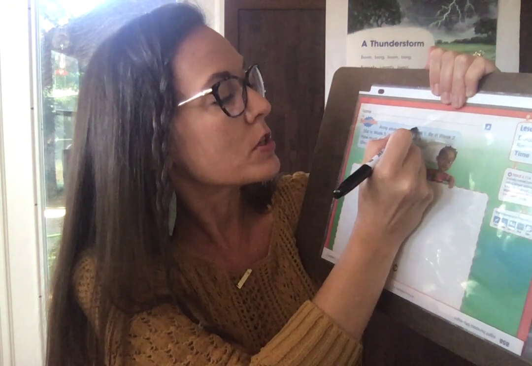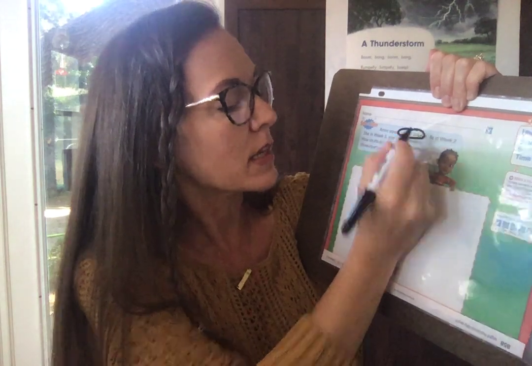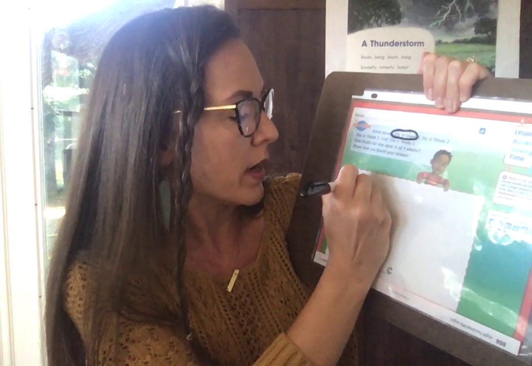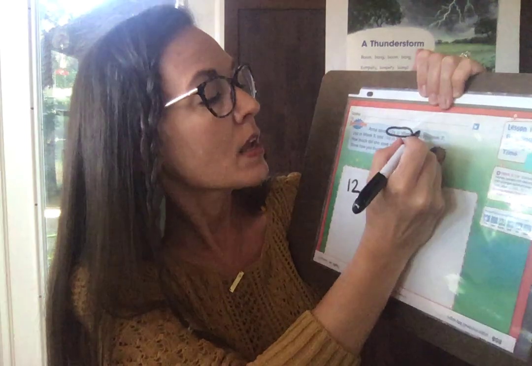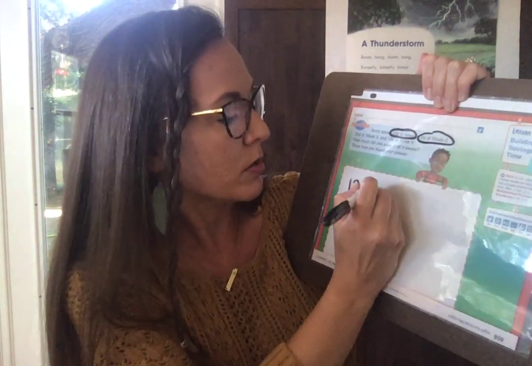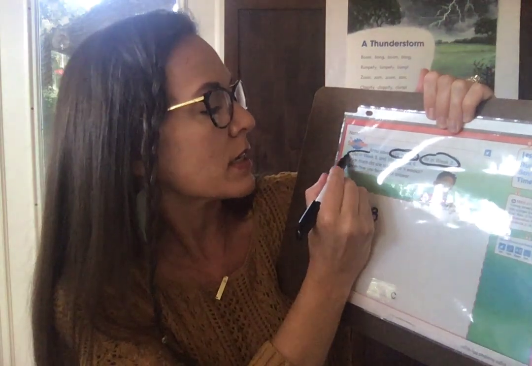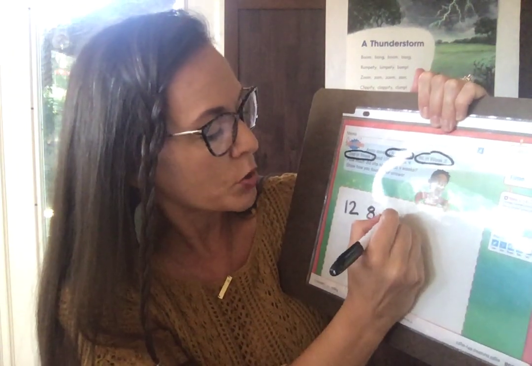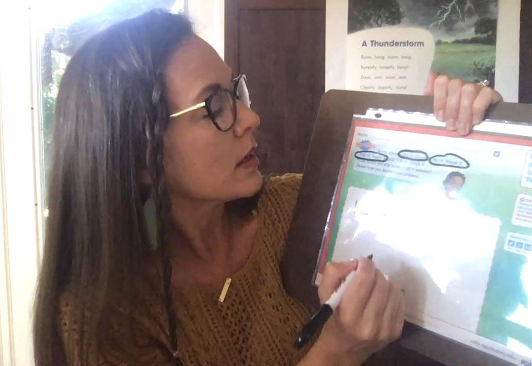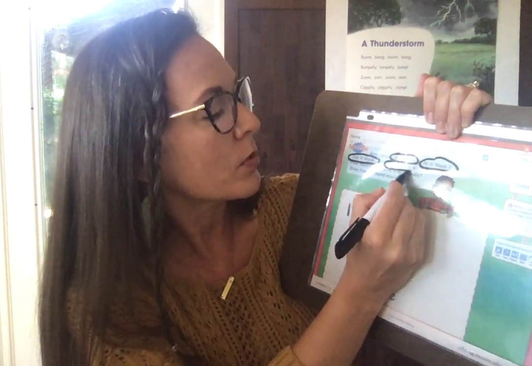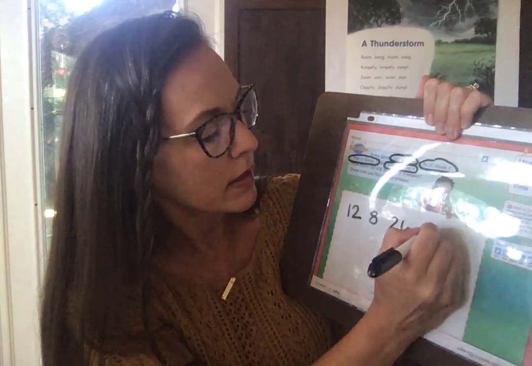Well, I know that she saved 12 cents in week 1, so I'm going to write 12. 8 cents in week 2, so I'm going to write 8. 26 cents in week 3, so I'm going to write 26. And 10 cents in week 4, so I'm going to write 10.